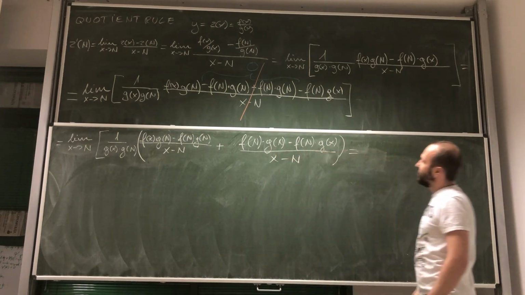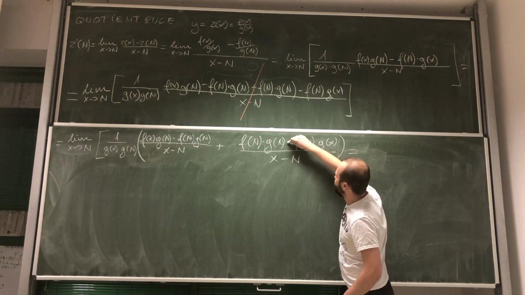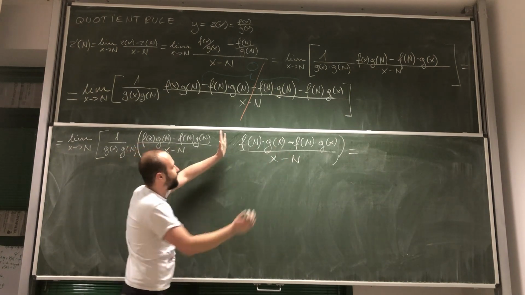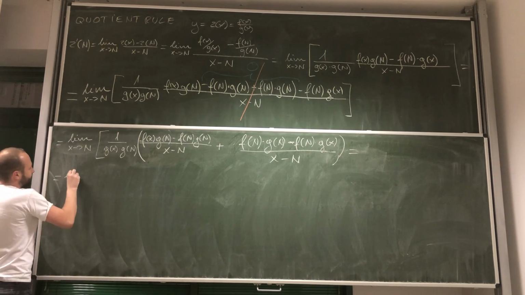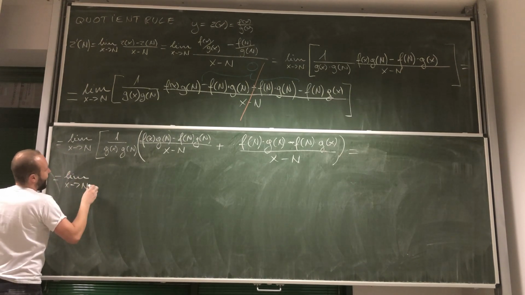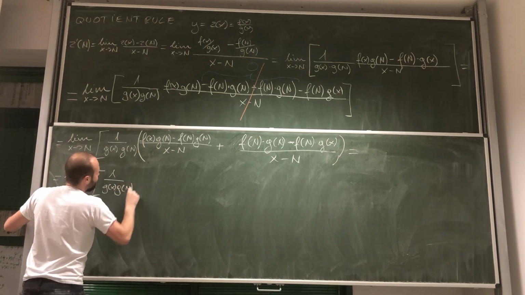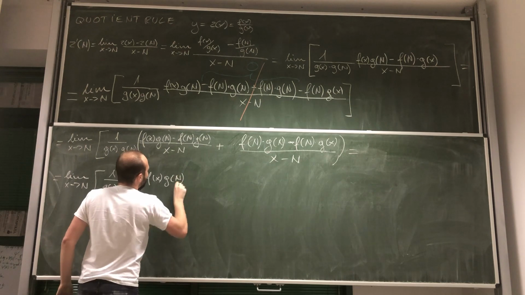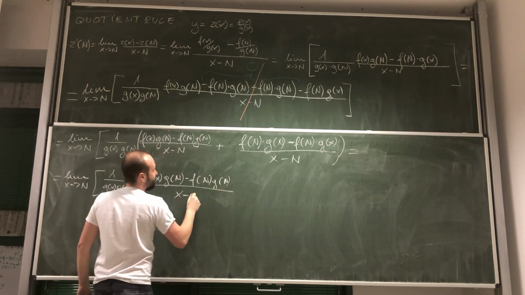Okay, now look. We are almost ready to get where we want, but I'm going to do one last simple trick. I'm going to take minus out of this entire expression. So let me rewrite the rest the way it was. We've got this as the limit with x approaching n of 1 over g of x times g of n times f of x times g of n minus f of n times g of n, divided by x minus n.